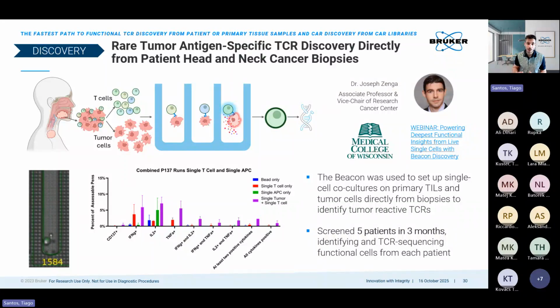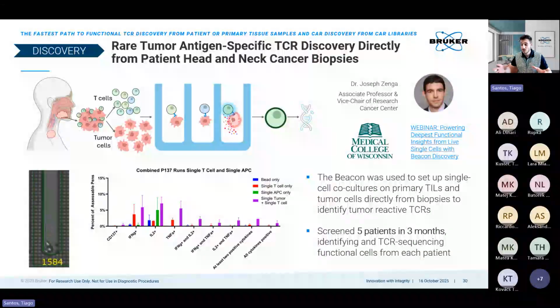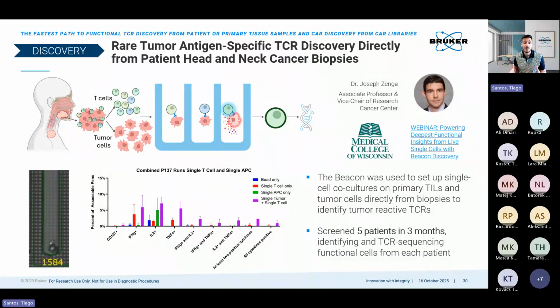So, working on that, he dissociated the samples and he went on Beacon. And once again, selectively, he loaded one of those tumor-infiltrating lymphocytes in each of these nanopens, co-cultured with the target cell, and then looked at the binding, the contact between the T cells and the cancer cells, and selected those that showed functionality, the ones that showed cytokine secretion, the ones that showed the killing capacity.